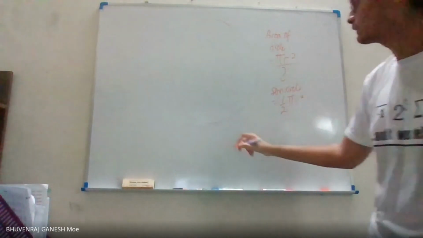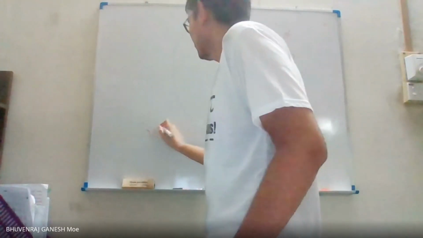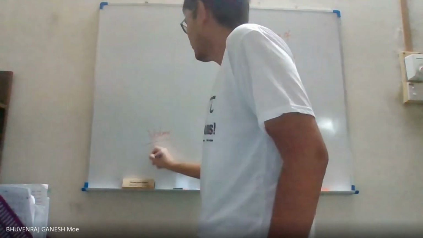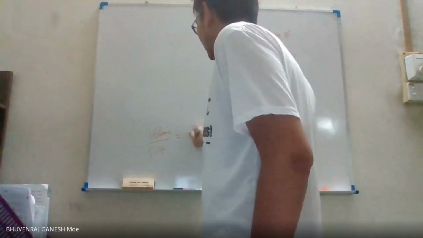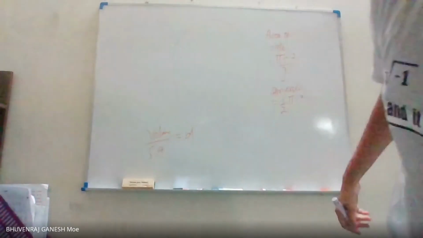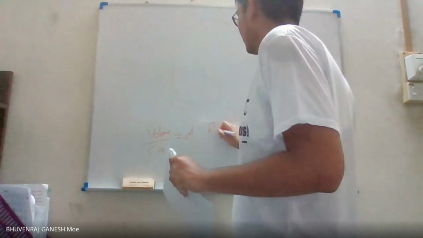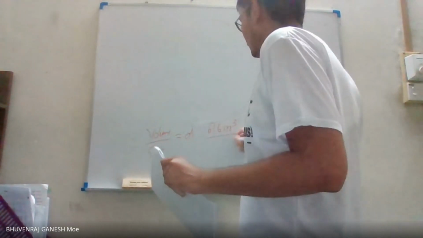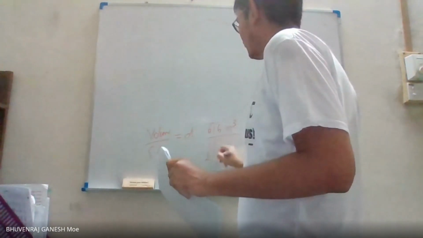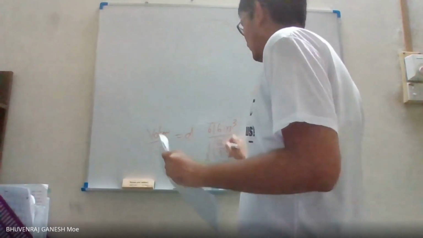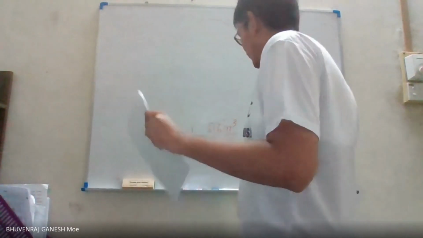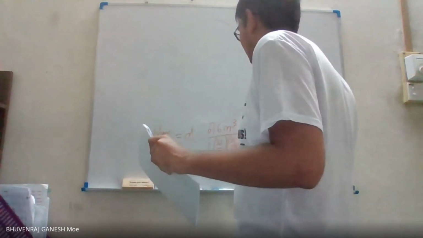So what we did was volume over surface area is that. Volume we already have, the question gave, right? 61.6. So we use that over half pi, we put 22/7. And then the radius we found earlier was 28/3 after we sub our x value.